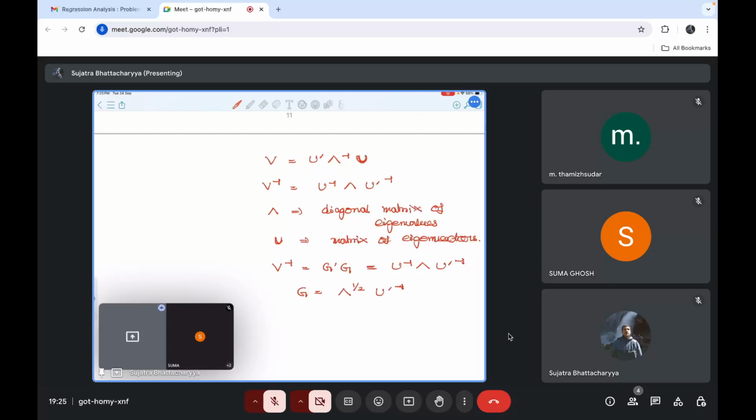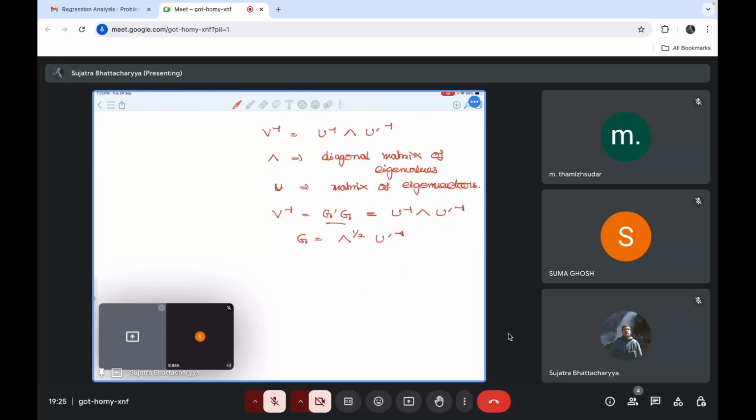If I write like this, can it be valid that G prime G is actually equal to this? If you do it, it will be. So if you write G prime, lambda to the power half will be as it is. There will be no change in this. What will it be? U prime inverse prime. So U prime prime will be U inverse.